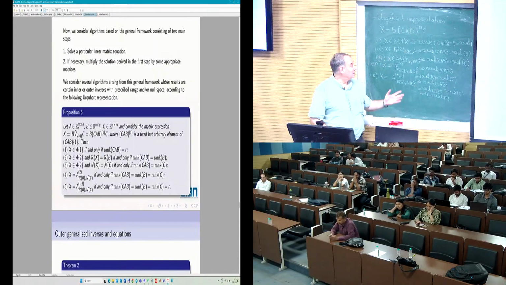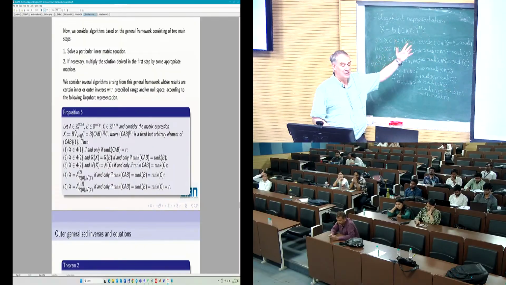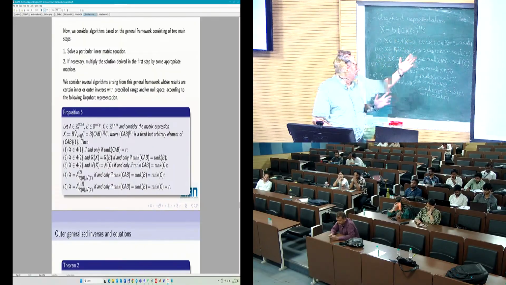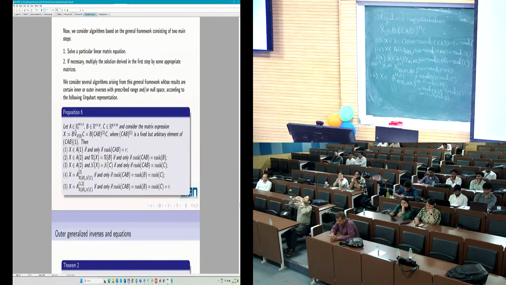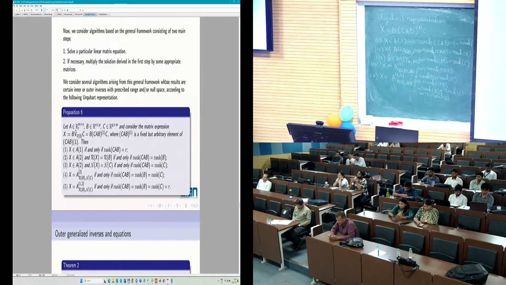The type of generalized inverse obtained in this representation depends on particular cases. First case for this, if you remember, you probably forgot too many. Which matrix is strongly related with Moore-Penrose? Star. Inverse.